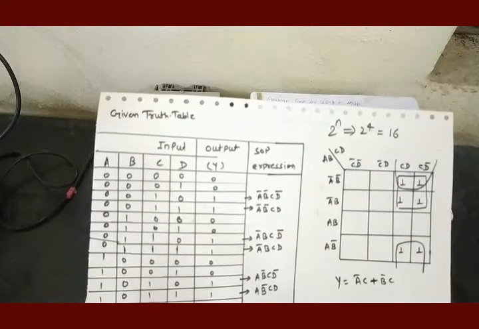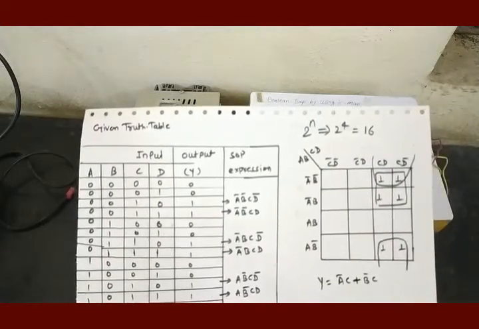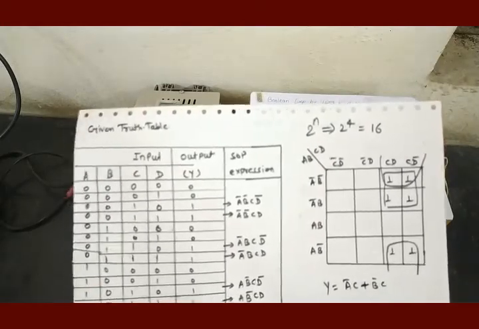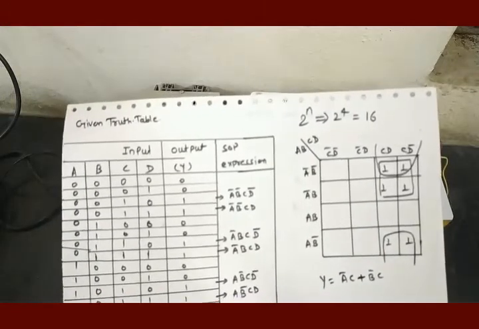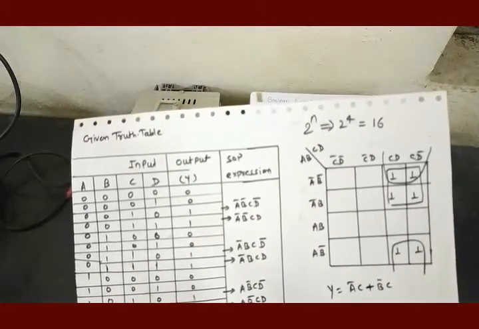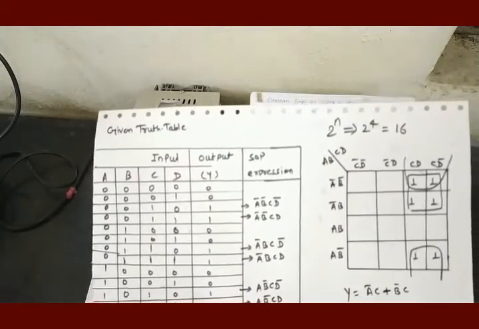This is known as a quad. Quad means 4. 4 ones appearing in the Karnaugh map in the form of a rectangle or in the form of a square are known as a quad.